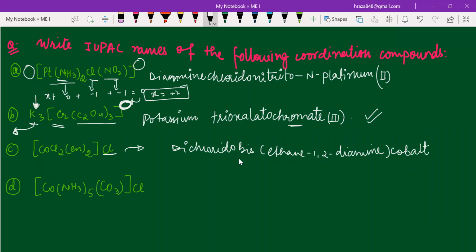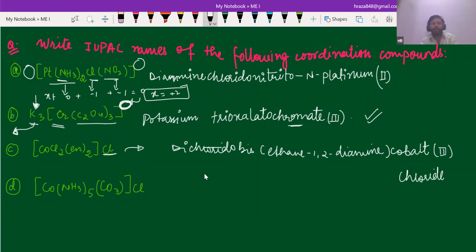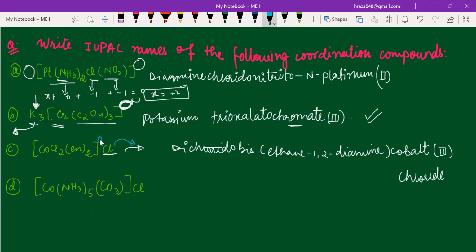Cobalt, and then chlorine, cobalt 3, right? Yes, sir. Cobalt 3 and then chloride. It will not be cobaltate because it's not negative charge. You can see if you remove this, it will be positive. So always keep it in mind: if there is directly negative charge, then the name of the central metal atom ends with ate, or if there is any positive counter ion, then the name of the central atom ends with ate.